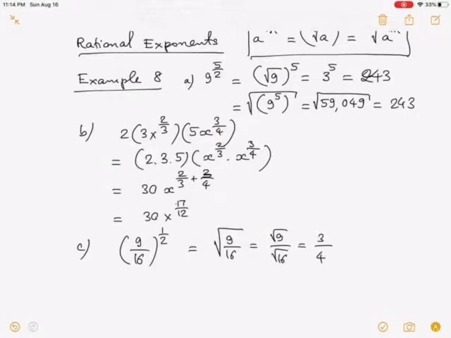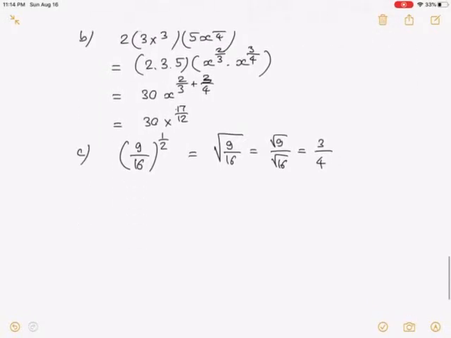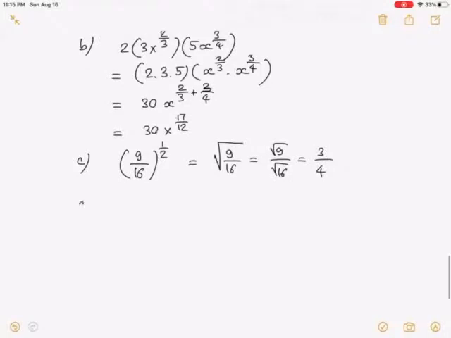This is square root of 9 over square root of 16. So this is 3 over 4. Okay.